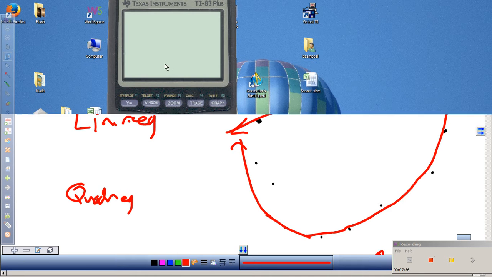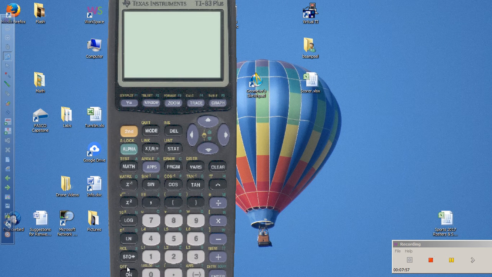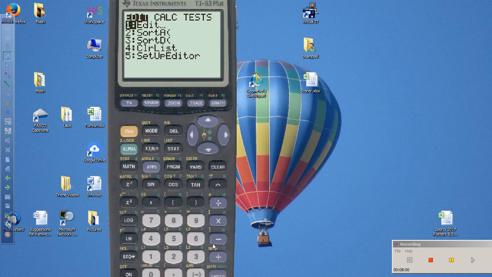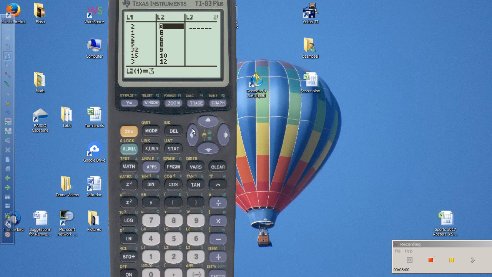So enter the data, you're going to go to Stat, Edit, and put in the numbers. And I would suggest do years since 1990. So for 1991, we put in 1, then 2, 3, 4, 5, 6, 8, 9, 10.